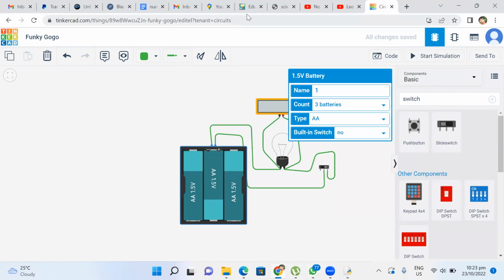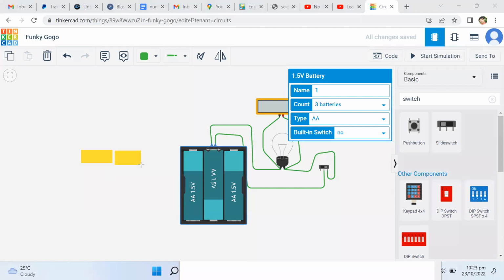If I draw the batteries, let's assume these are batteries. It's connecting this way, right? Okay, let me mark the positive edge in red color.